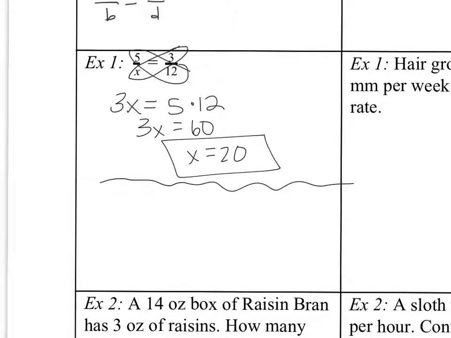Another way you can do it algebraically, though I'm going to probably stick with cross multiplying, is this: if you have 3/12, you're essentially trying to get x out of the denominator. So let's multiply both sides by x. That's going to get it out of the denominator.